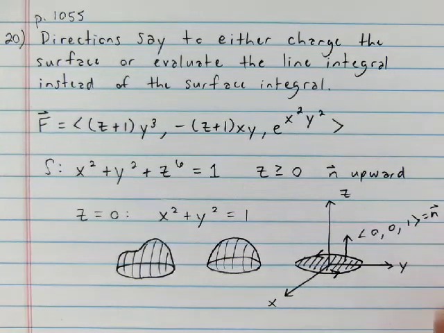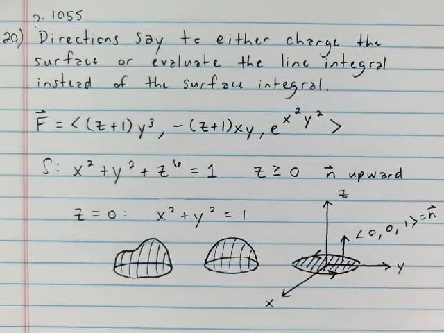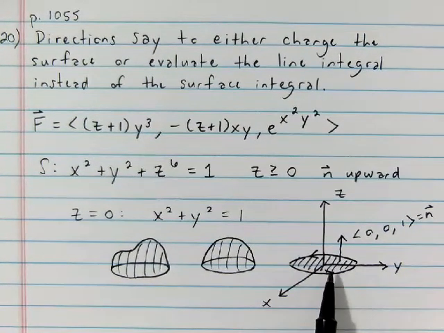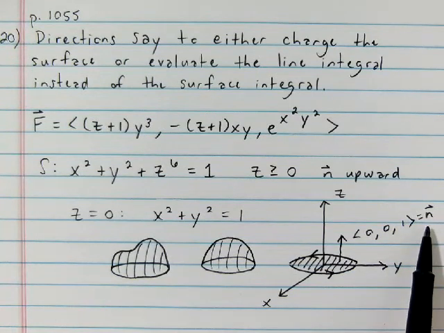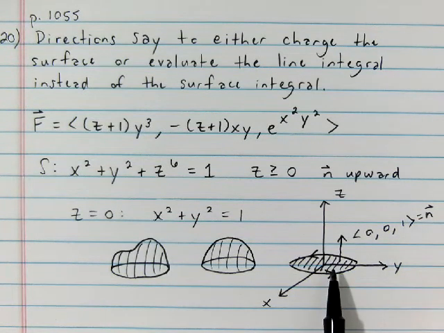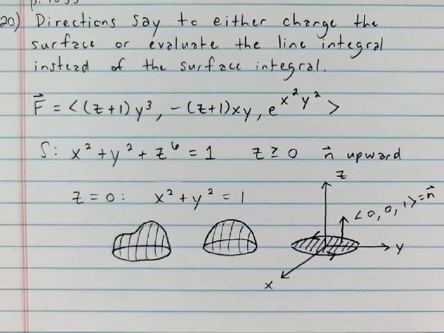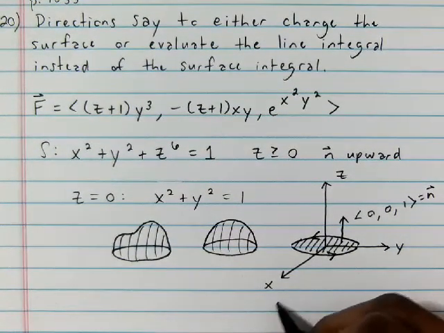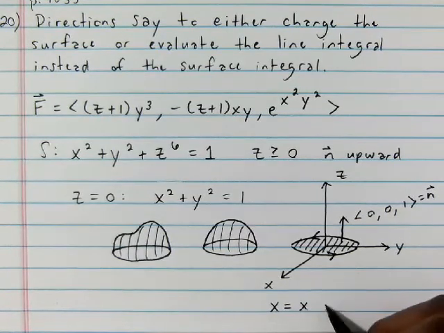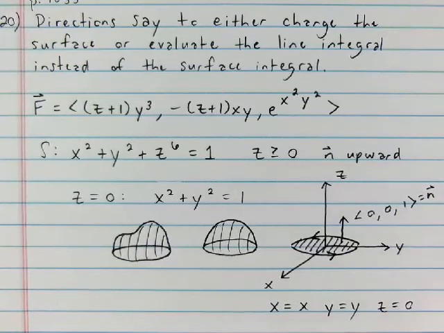Because we were able to easily find a unit normal vector for this surface, we can just go ahead and do that without having to parameterize the surface and then do the cross product. If we were to parameterize this surface, which is just the plane z equals 0, and do the cross product, we would get that exact same normal vector right there. Let's just write down the parameterization so we can see what I mean: x equals x, y equals y, z equals 0 is what we would use here to parameterize our surface.